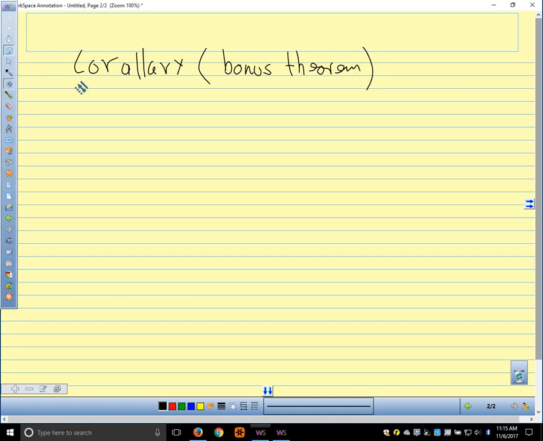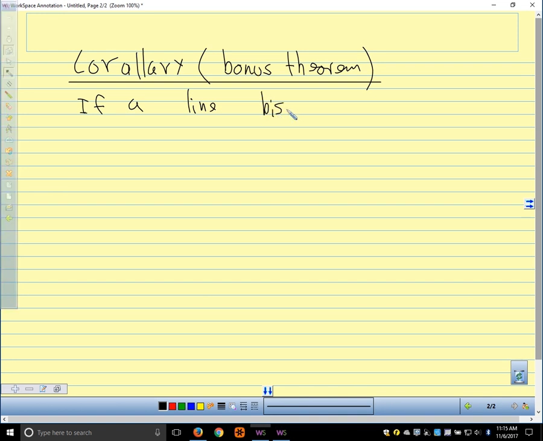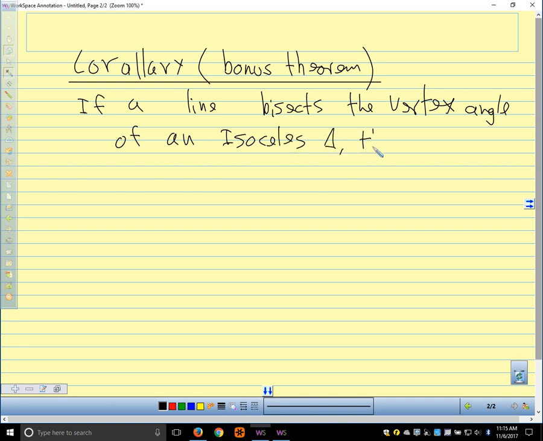Our corollary to the Isosceles Triangle Theorem tells us that if a line bisects the vertex angle of an isosceles triangle, then it is also the perpendicular bisector of the base.